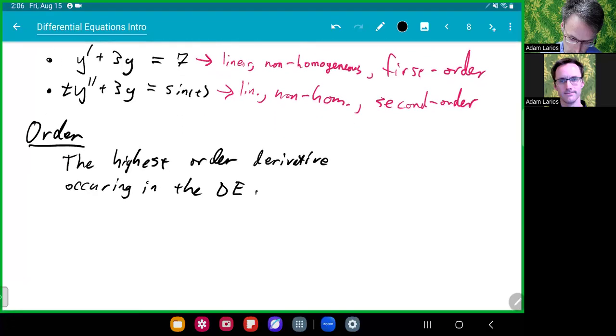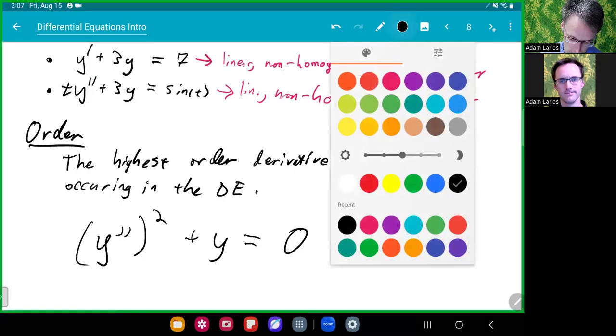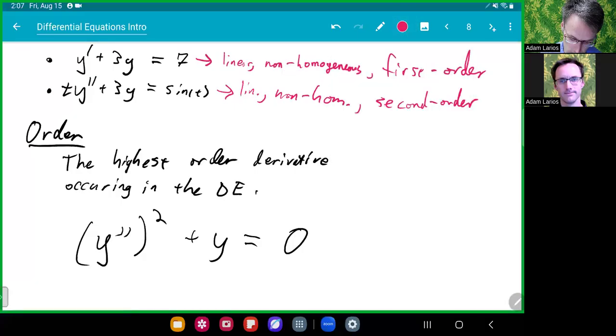Here's a little bit of a trick question for you. If I have something like y double prime squared plus y is equal to 0, what order equation should this be? And of course, I'm trying to trip you up here a little bit. This is a second order squared, so should this be a fourth order?